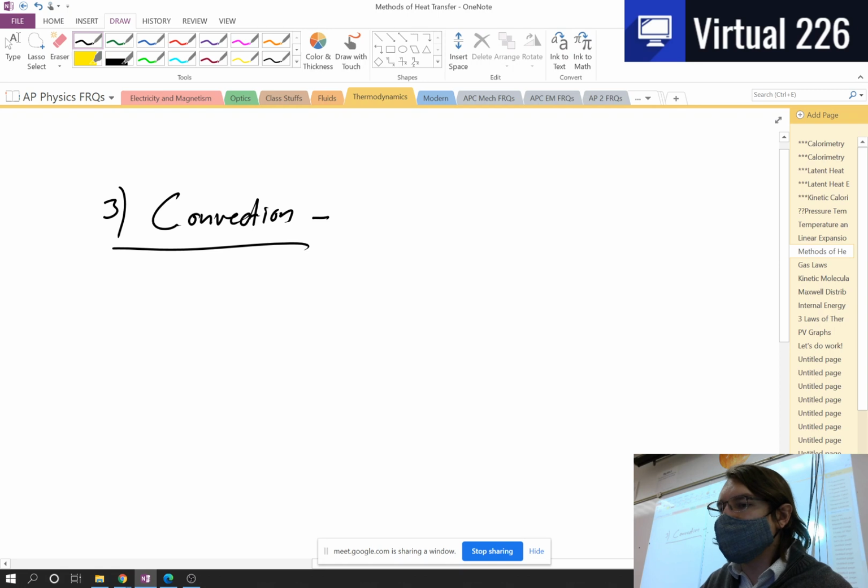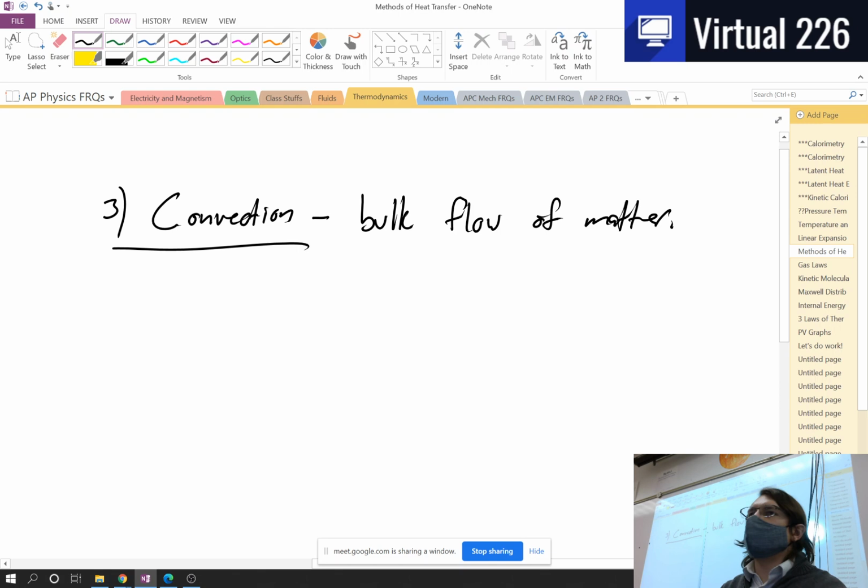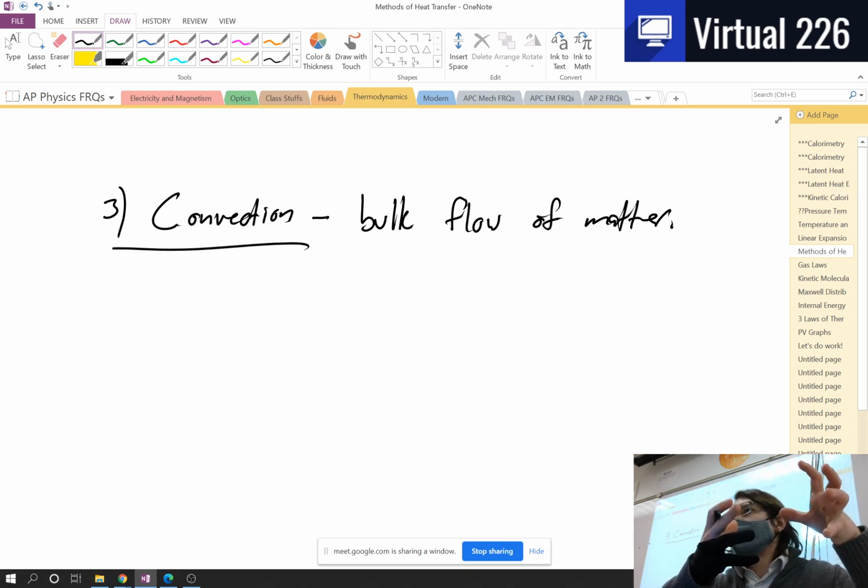And that's really what convection is. It is a bulk flow of matter. We have convection for ovens, for AC units, for heaters, but there's also convection in the Earth's mantle, right? There's a convection layer zone where bulk quantities of molten rock are being brought up to the surface, cooling off, and then sinking back down.